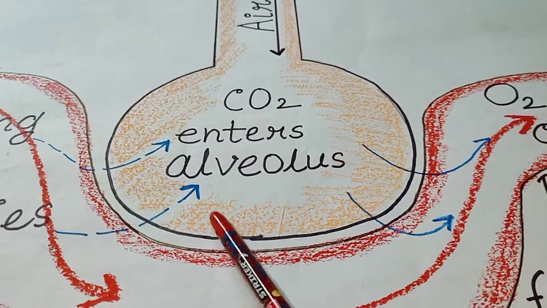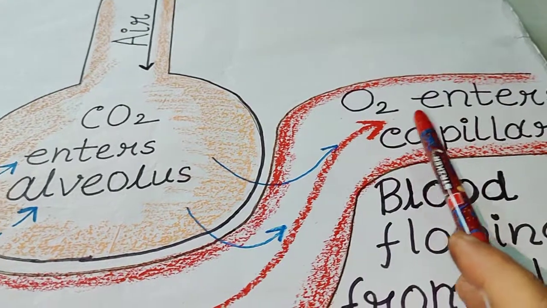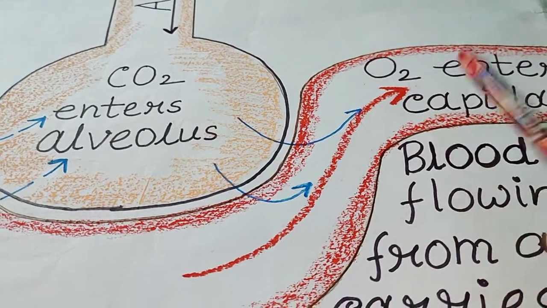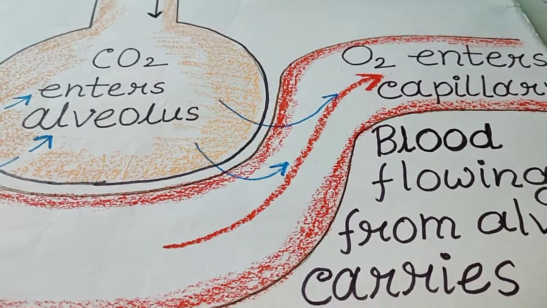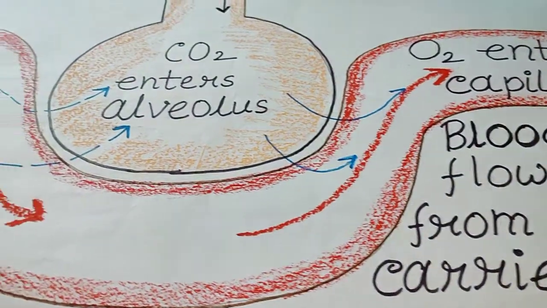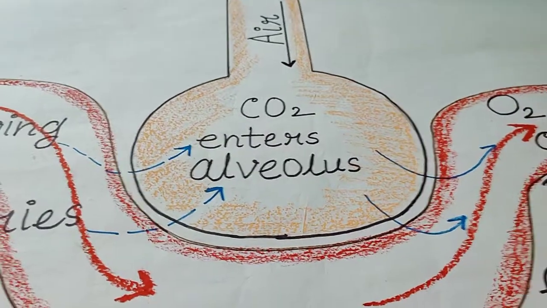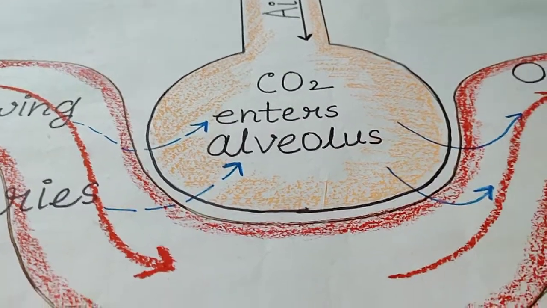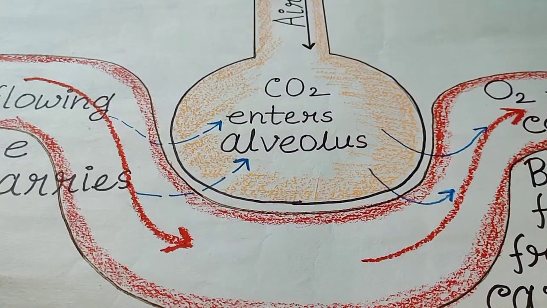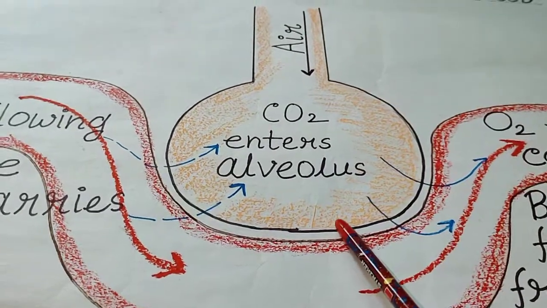CO2 entering the alveolus, oxygen coming out of the alveolus and entering the blood. Oxygen enters blood capillaries, and blood flowing from the alveolus carries oxygen, with more concentration of oxygen. Therefore, here we can see exchange of gases, carbon dioxide and oxygen gas, and the site of exchange is the alveolus.